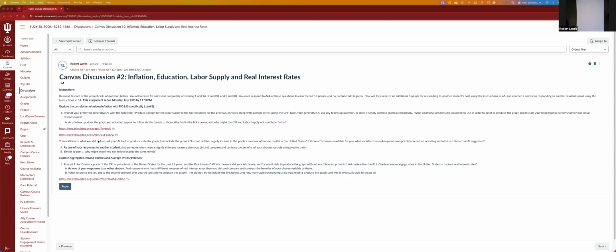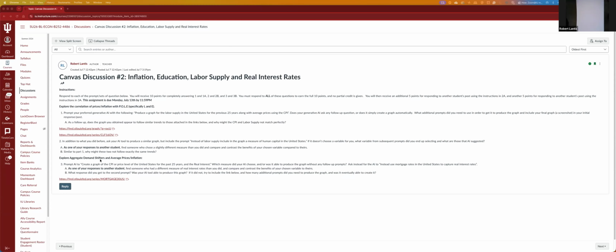One of those should be to find someone's post to problem two and compare and contrast the different measure that they use. So you'll have to search through, find someone that used a slightly different measure of education than you did, and compare and contrast the benefits of the variable you selected versus theirs, so pros and cons. That'll be one of your responses to another student.